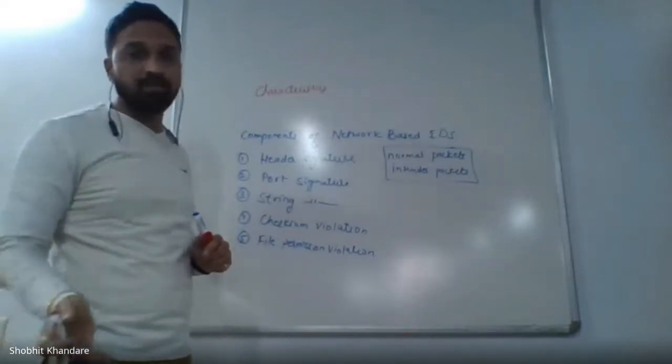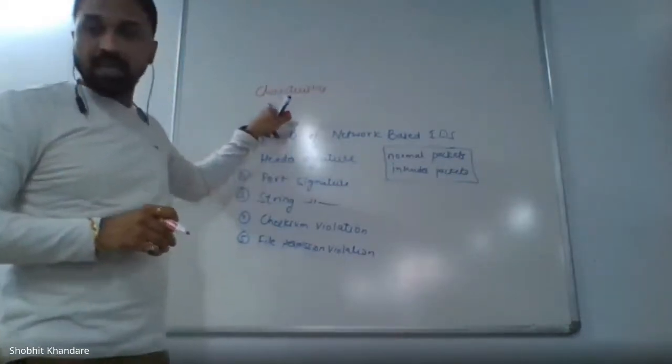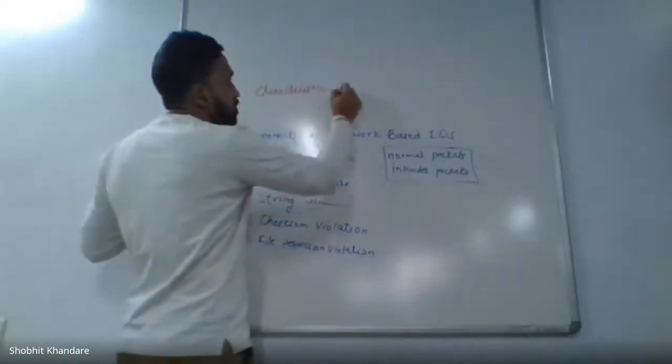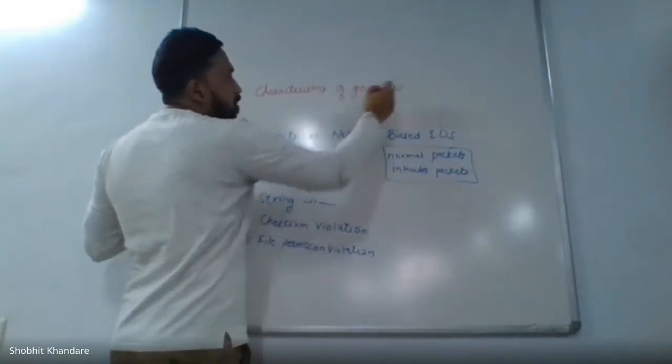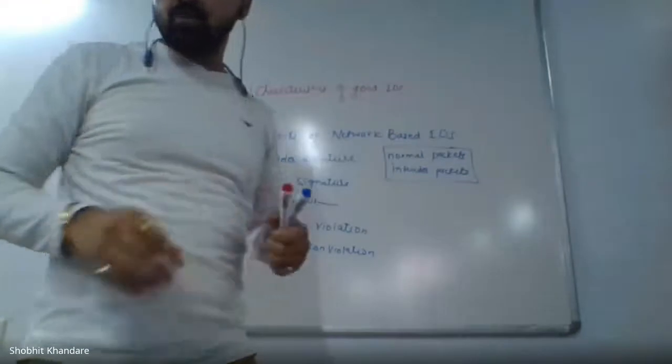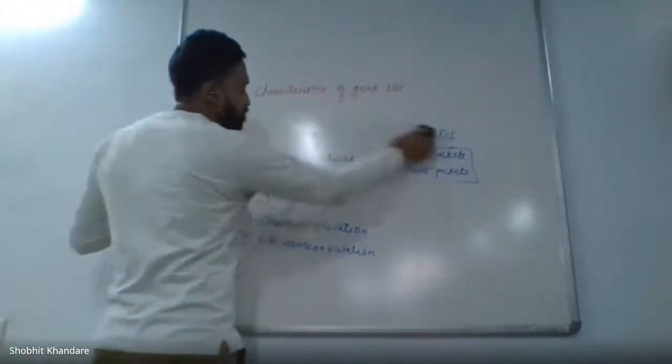So we should know the parameters, or the characteristics. So the last part is characteristics of good IDS. Here also we have some 6 to 7 points. So we should know what are the different points.